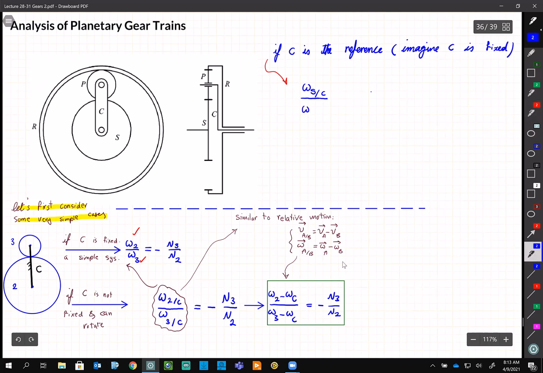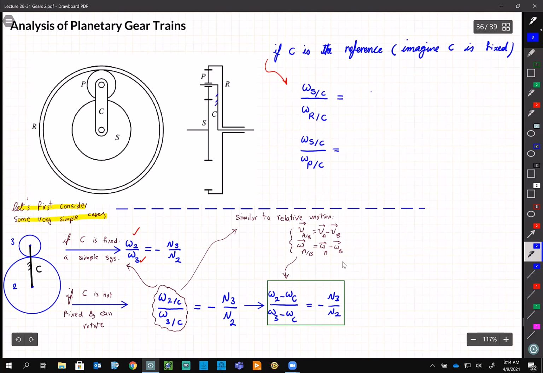And omega, for example, R with respect to C. Or if I'm interested in knowing something about gear P, the planet, I can write down, for example, omega S with respect to C, omega P with respect to C. We have the freedom. Okay, and now this sentence, you can think of C being fixed.